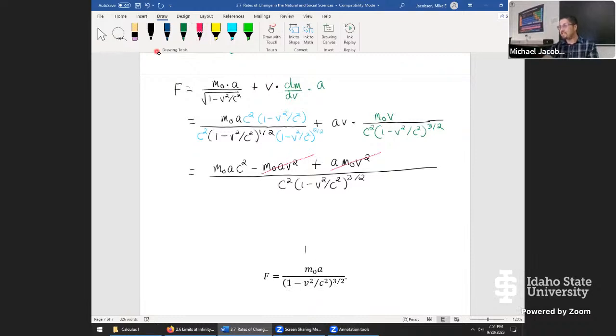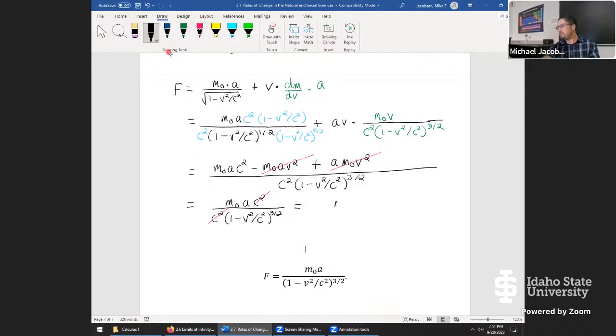So the next step we can say is, after cancellation, it's m naught a c squared divided by c squared times 1 minus v squared over c squared to the power of 3 halves. And in this form, a new cancellation happens. We can eliminate those c squareds, so they're gone.